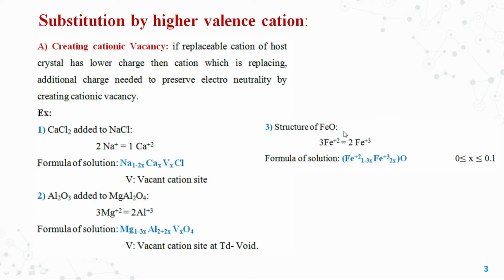So the formula of iron oxide solution is Fe+2 (1-3x), Fe+3 (2x), V(x) O. Vx means the number of empty voids you will get is x. It is observed that the x value lies between 0 and 0.1.